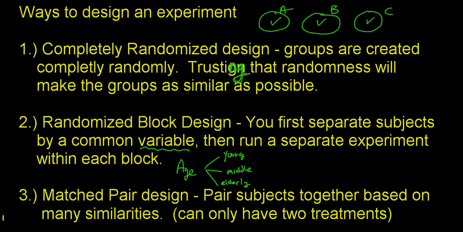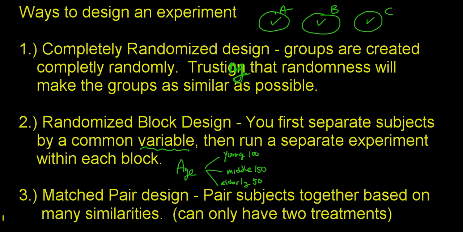But anyway, that was not random, that was all done on purpose. Now, you might not have exactly the even amount of all of these, like maybe you have 100 young people, maybe you only have 50 elderly people, and maybe you got 150 people in the middle age. Okay, great, who cares? Then you're going to run a separate experiment within each group.